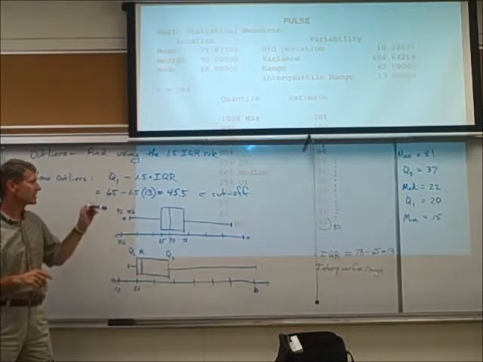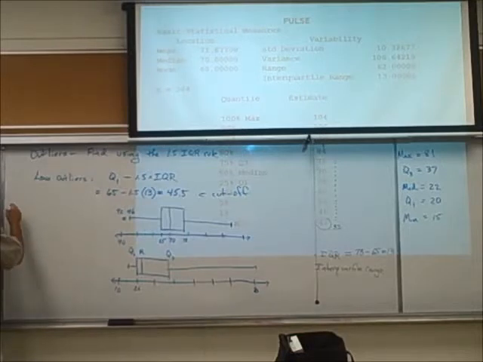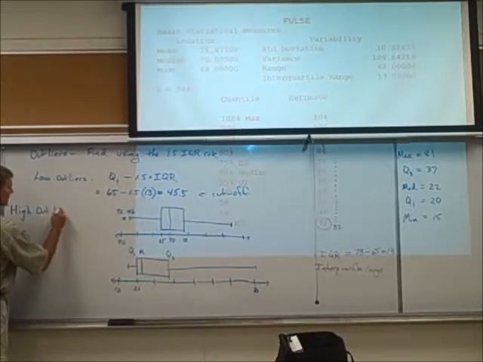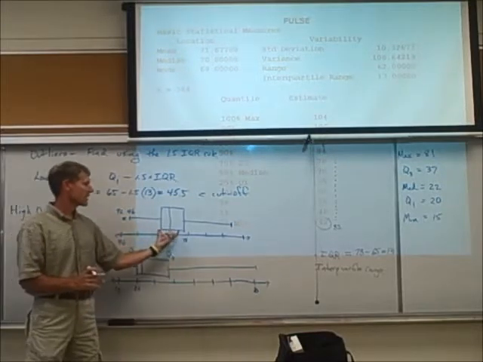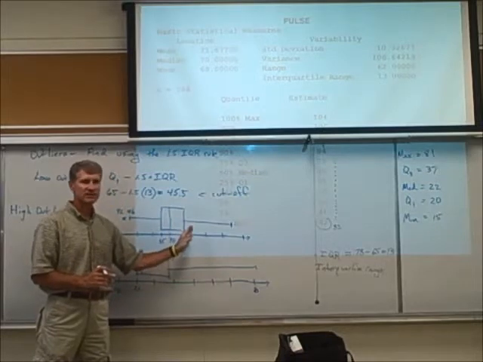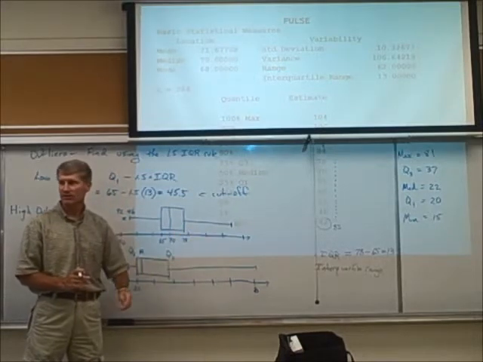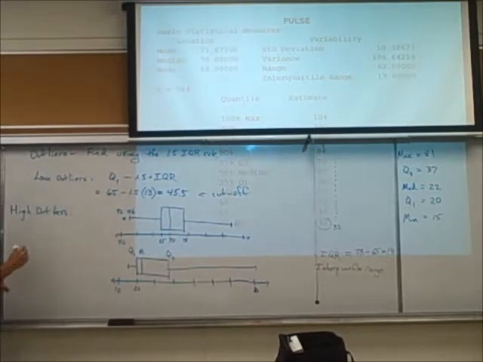Okay? Now let's go off the upper end. For high outliers, you want the same idea, but you want to go 1.5 IQRs above the box. So where do you start? Q3. Q3, very good.